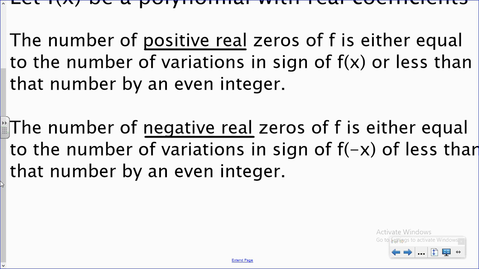Okay, now I am not able to show you an example right now because the bell's about to ring. So I will tell you the first three problems from your homework assignment deal with Descartes' rule of signs. You are welcome to try them, but if you don't try them, it won't count against you. I will go over an example Monday at the beginning of class.